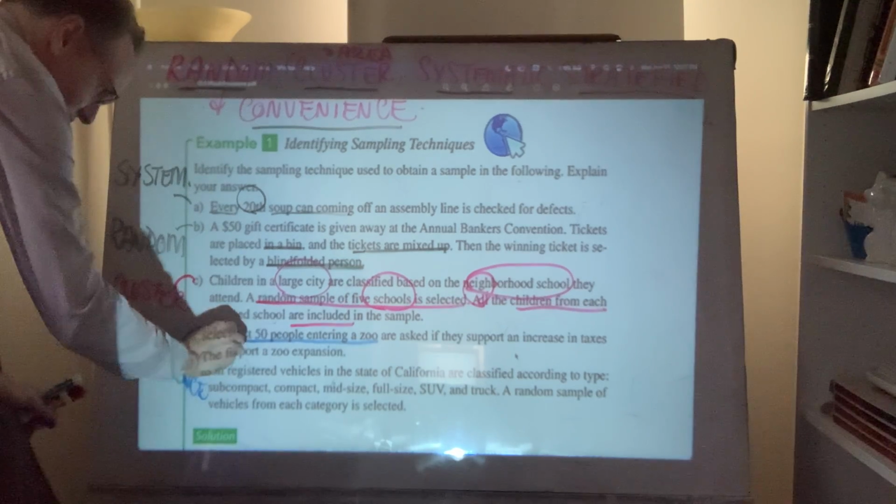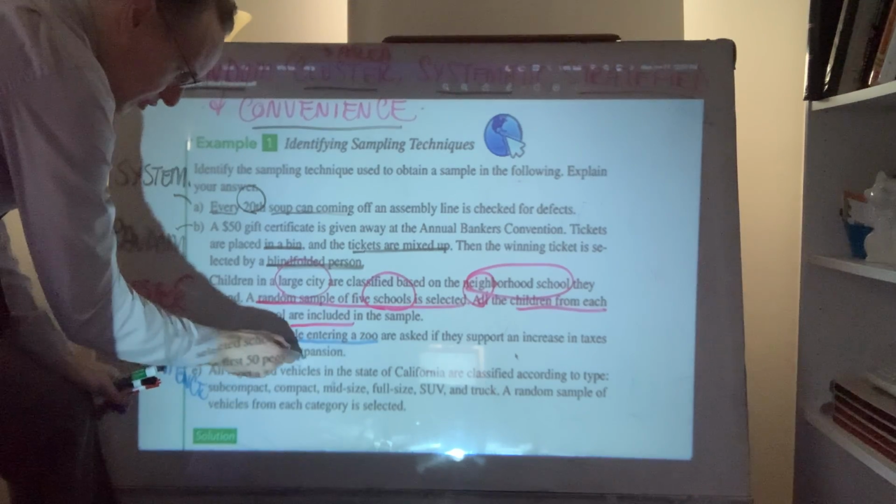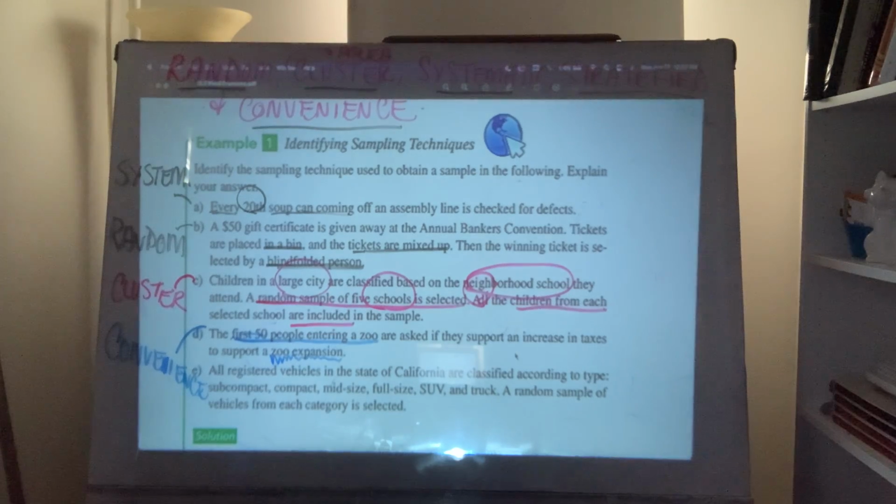Why? Because it's the first 50 people, and it's really not being too conscientious about where you're asking them. You're asking people about the zoo at the zoo. That's not the best course of action. It's just an act of desperation. Convenience sampling.